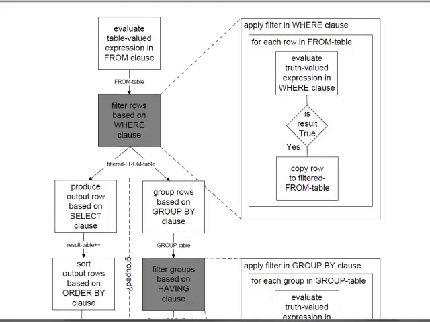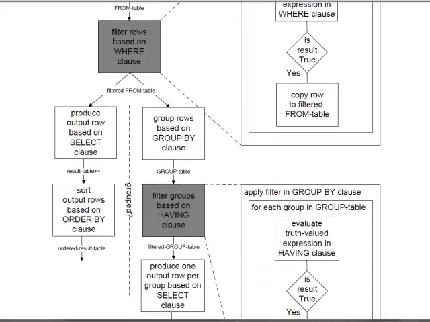Then what happens next depends on whether or not the query is a grouped query. If it is a grouped query, we come down here. Group the rows based on the group by clause. Or if it's an implicitly grouped query, then it'll be grouping by an empty list of column names. So we do our grouping, and then if we have a having clause, we filter the groups based on the having clause.